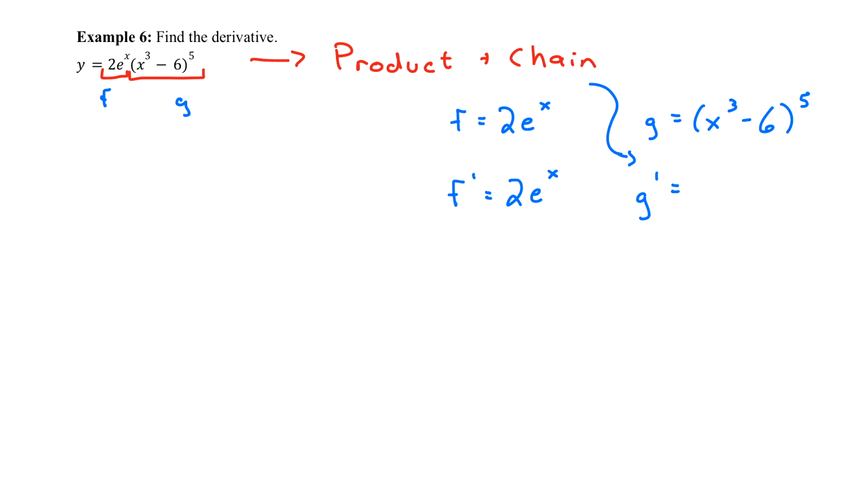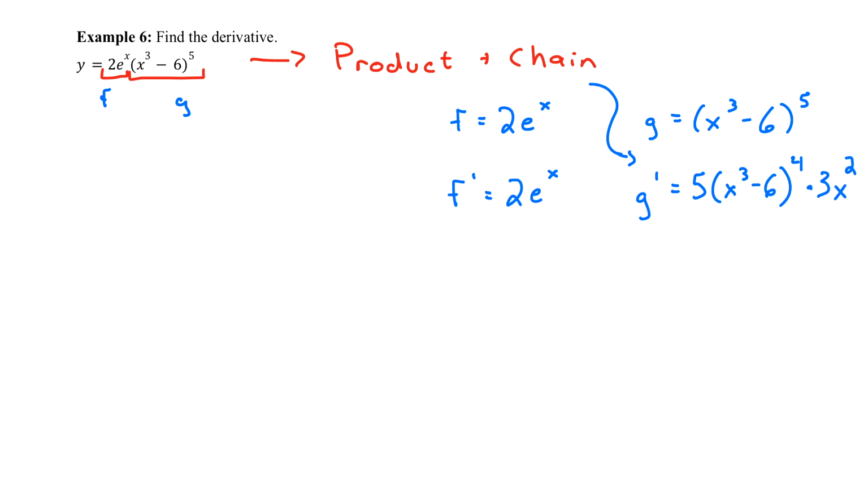I'll multiply by my power 5. The inside part of my function is going to stay exactly the same, so this is going to be x cubed minus 6. Subtract 1 from my power, so now this is to the 4th power, times the derivative of the inside part for my chain rule. So I want to multiply by 3x squared.